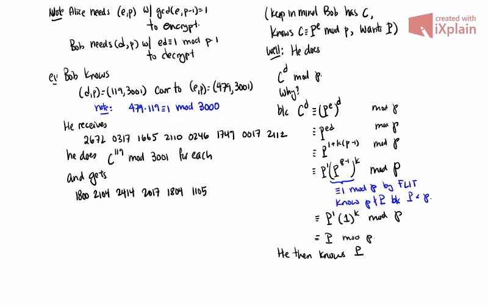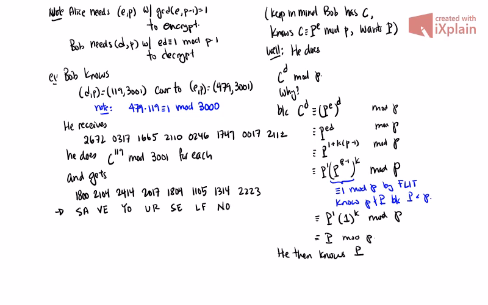He gets 1804, 1105, and he gets 1314, and he gets 2223. And that corresponds: 1800 is SA, 2104 is VE, 2414 is YO, 2017 is UR, 1804 is SE, 1105 is LF.